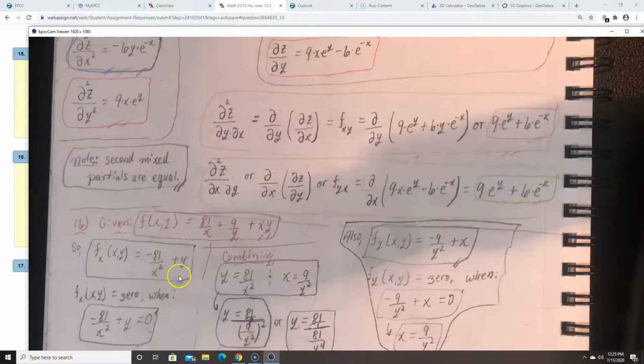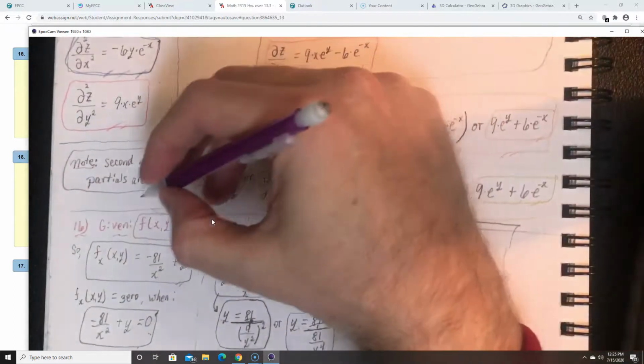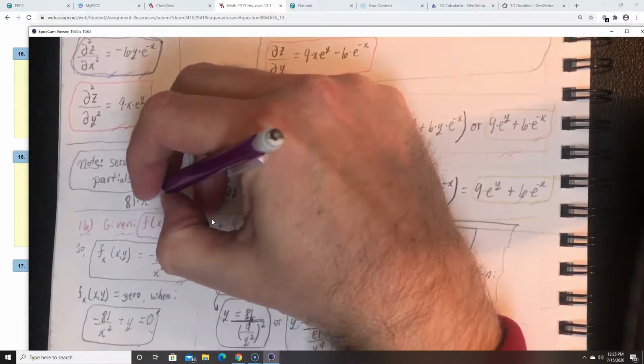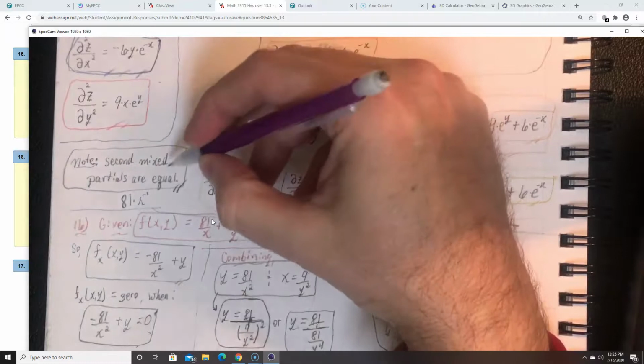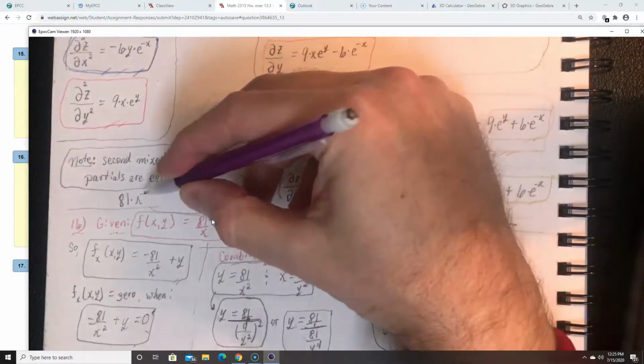Bring this up, you get 81x to the negative 1 power. Move this up so you don't have to use the quotient rule. Now you can use the power rule.